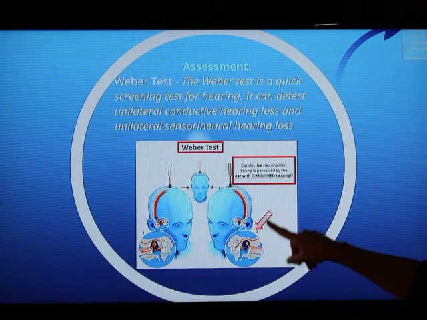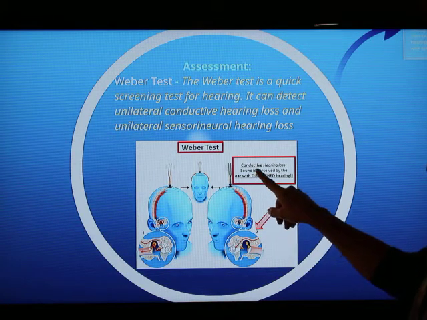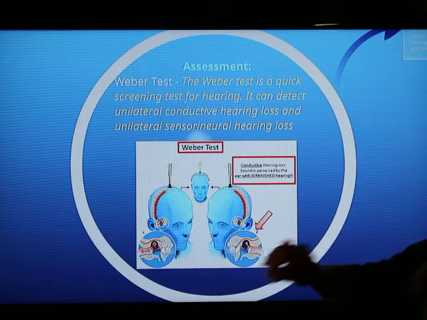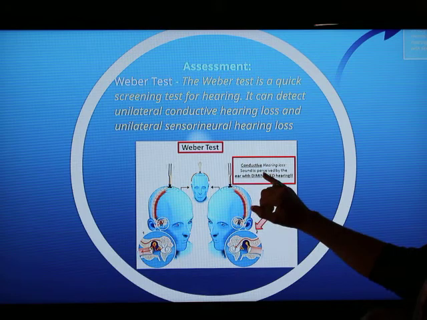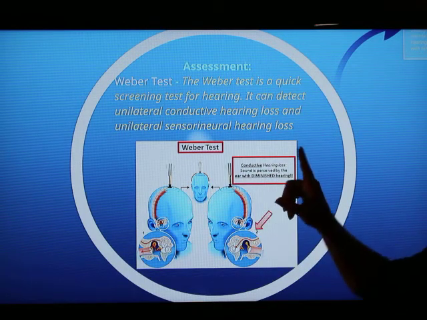Then you can tell if you've got conductive hearing loss. If a person has conductive hearing loss, the sound is perceived by the ear with less hearing.